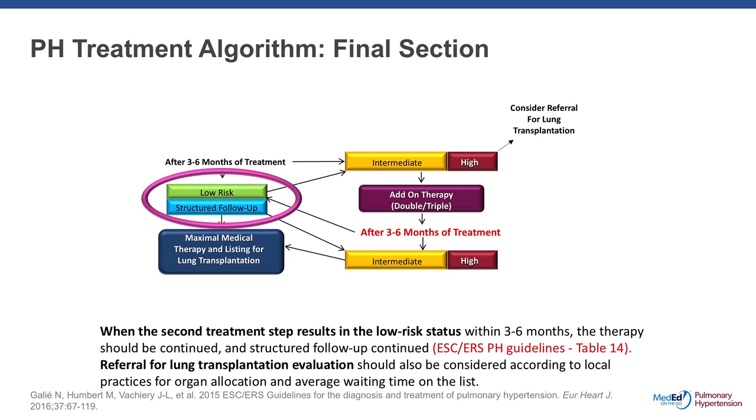Now, the comment about lung transplantation is that it really should be considered according to the local practices and the average time on the waiting list. There are some countries that really still just accumulate time for lung transplantation candidacy, and so some patients even at low risk might be listed.